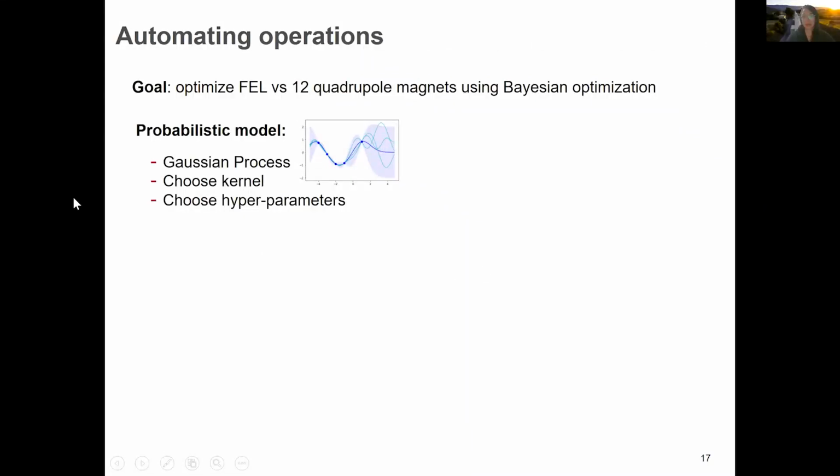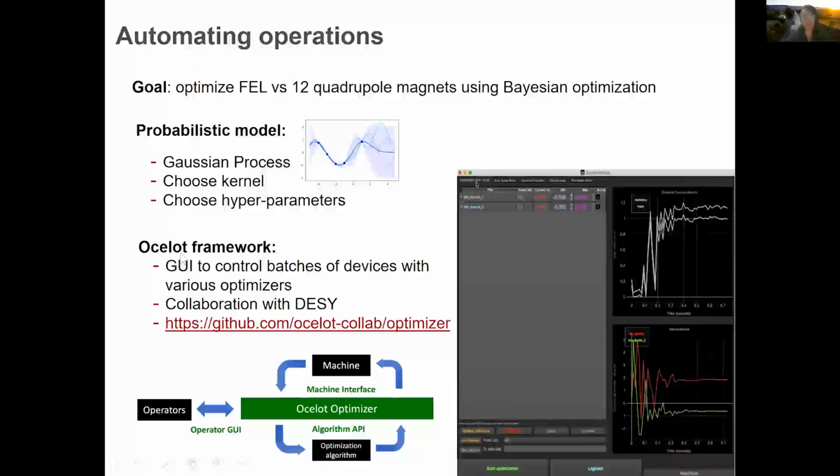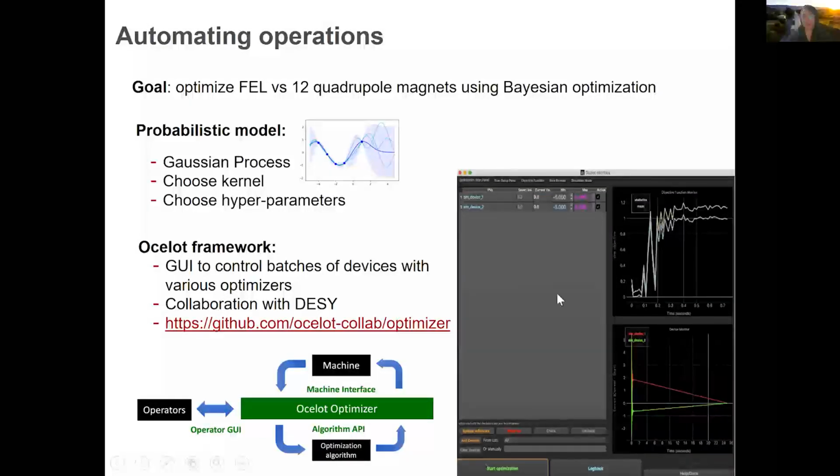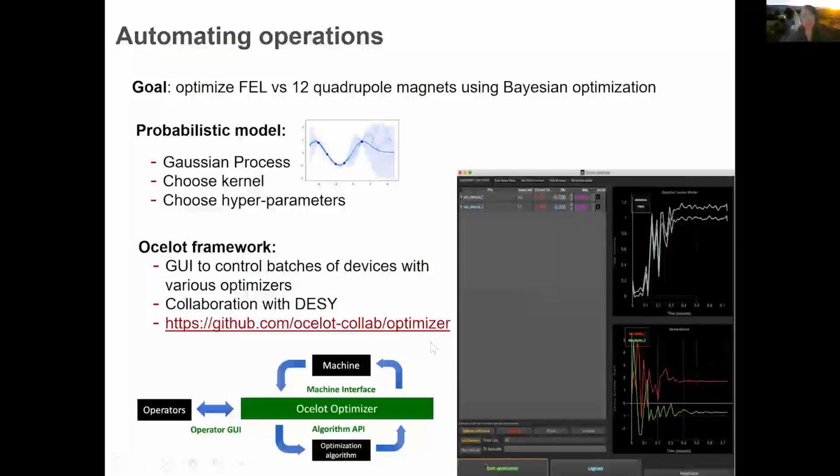LCLS, and now we want to use this. Our goal here is to optimize the FEL pulse energy with respect to 12 quadrupole magnets. We chose the probabilistic model, the Gaussian process, a kernel, and hyperparameters, and we use the OWLE framework, which is just a GUI to control batches of devices with various optimizers.